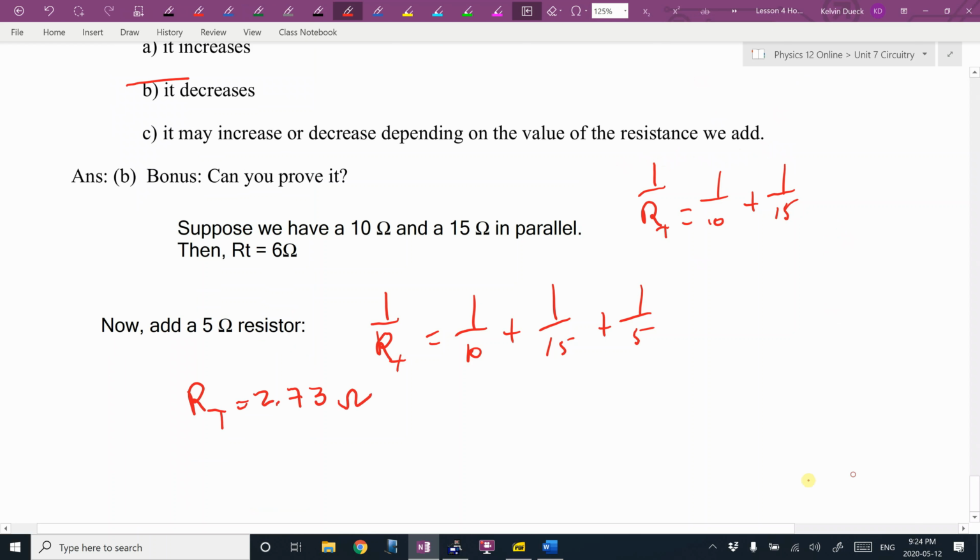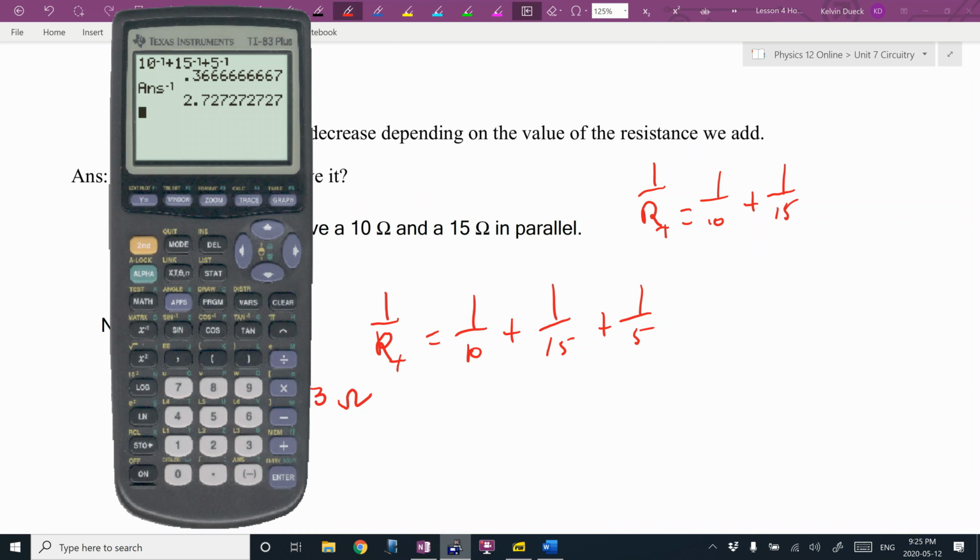You know what? It makes it smaller. And I'll give you another hint. Not only does it make it smaller, our total for a parallel set of resistors will always be smaller than the smallest resistor in the question. So I knew that the answer would be smaller than 5. If instead of a 5 ohm resistor I'd added a 2 ohm resistor, our total will be less than 2.